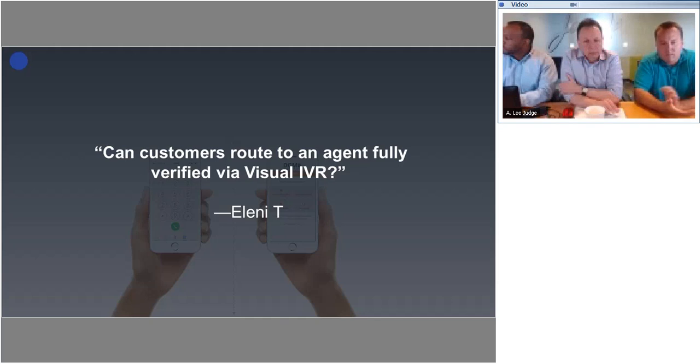But to expand upon that a little bit, Visual IVR actually introduces additional capabilities to perform that authentication. If you think about your traditional voice IVR system, you're really limited to the touch tone or voice features that have been implemented.